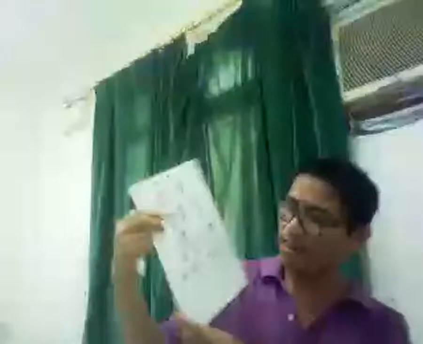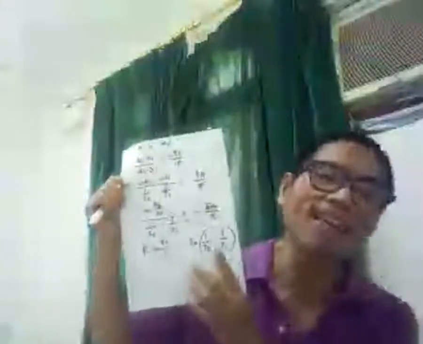Because if we press ln to a certain number, we'll yield a number. So we need to remove the R. If we divide the R on this portion, we also need to divide the R on the right side. So divided by R, and R cancels out like this.